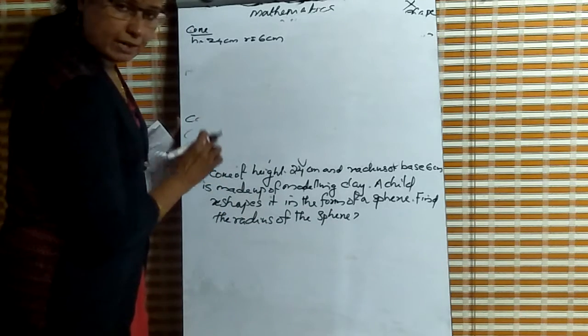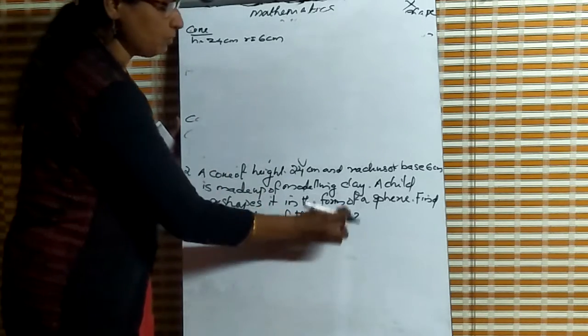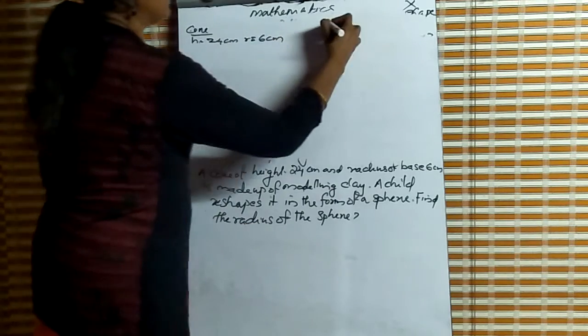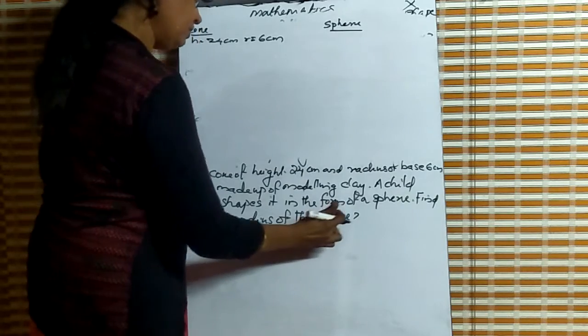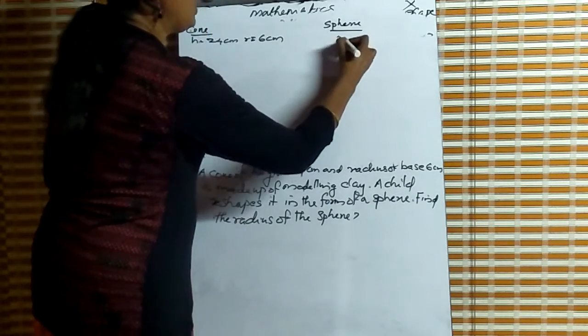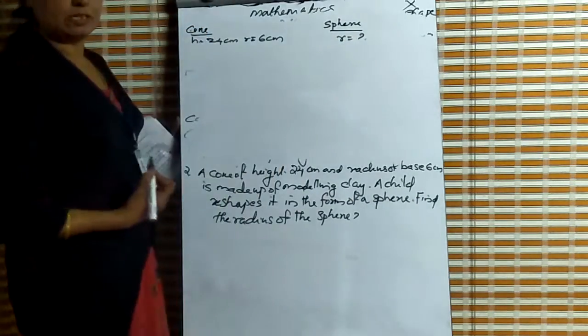That means the volume of the cone is equal to the volume of the sphere. Find the radius of the sphere is the question.